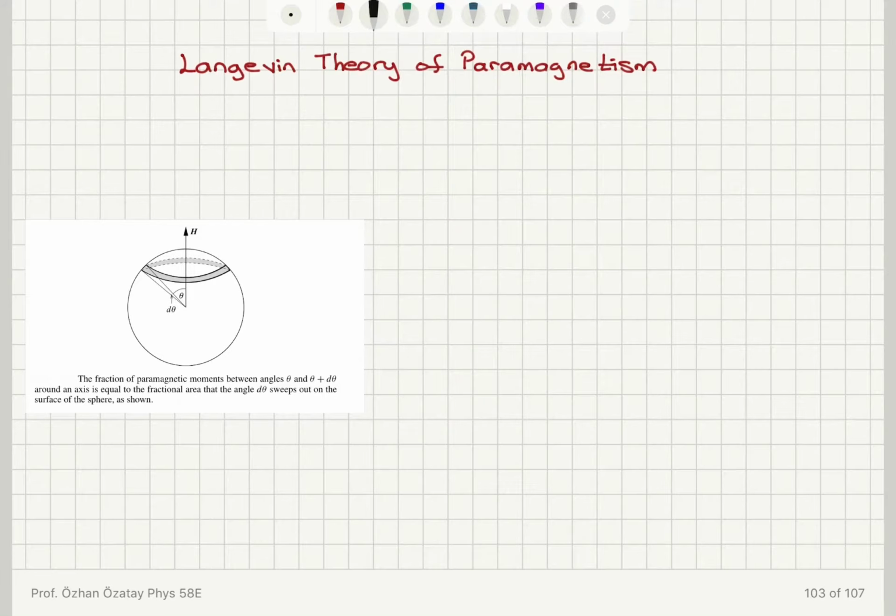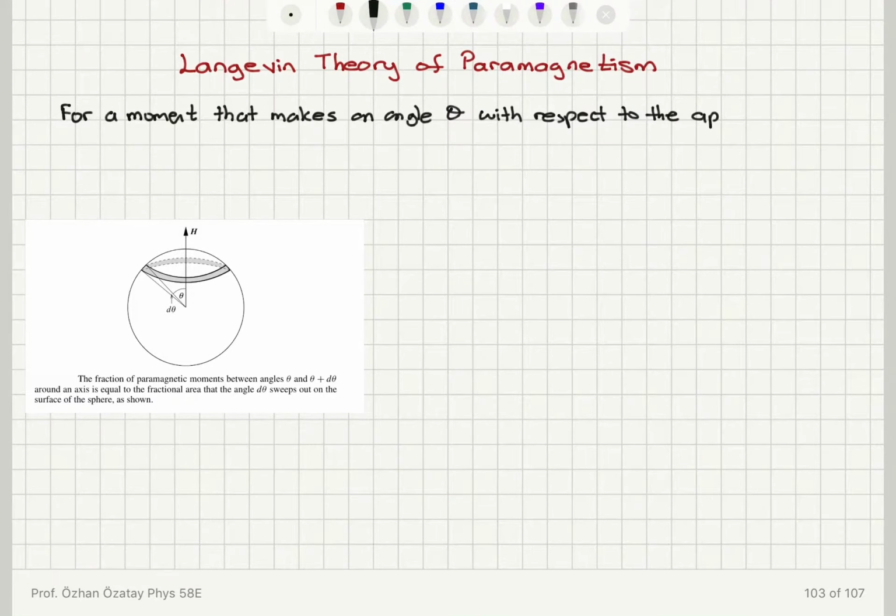So for a moment that makes an angle theta with respect to the applied field, we know that there is an energy associated with this.